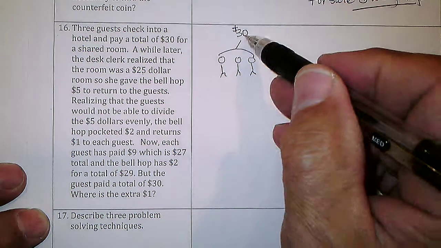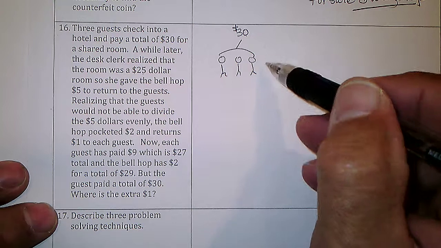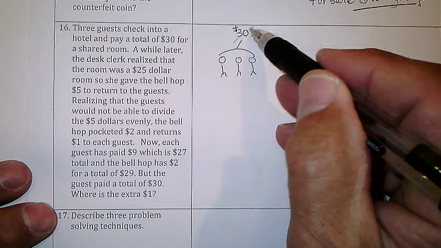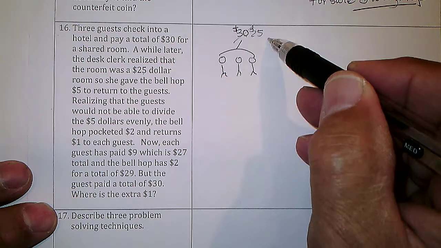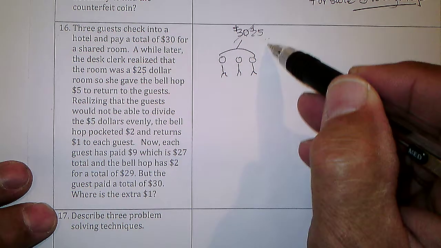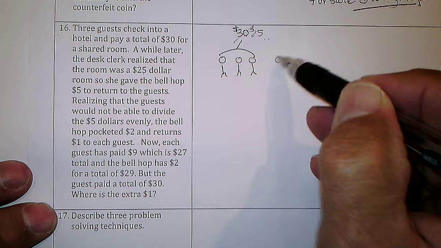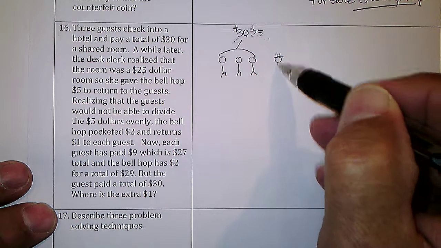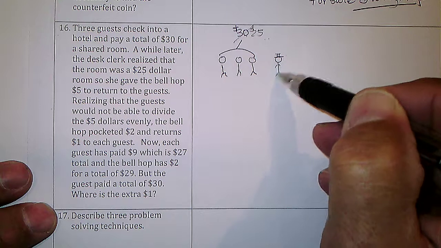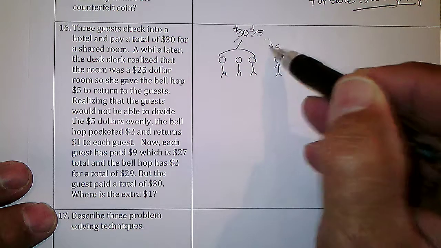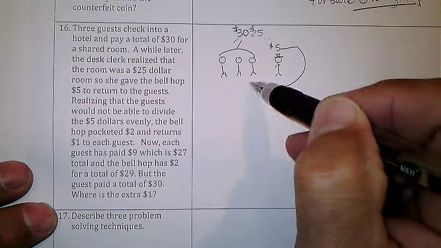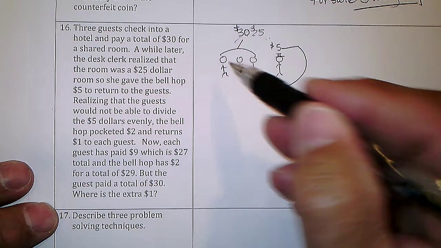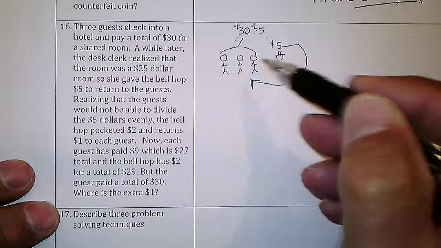So now it's going to be $25, and the bellboy, he wears a hat, has to take $5 back to the 3 guys. Now, how much does each guy out so far?